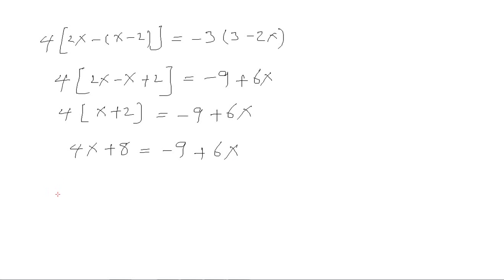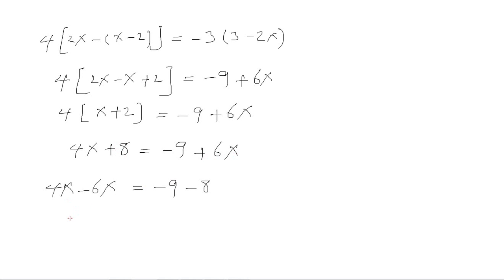So I will be left with 4x minus 6x equals minus 9 minus 8. So this 6x was moved to the left and was negated. 8 was moved to the right and was negated.